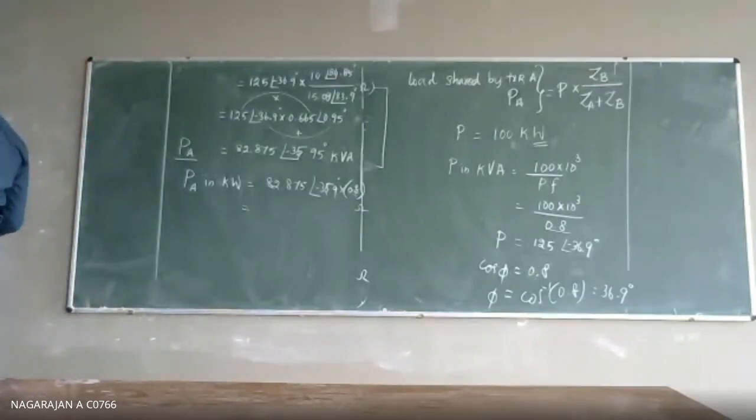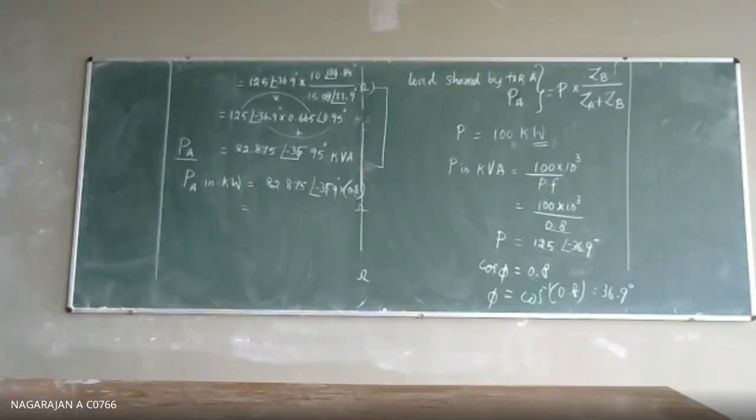Multiply that and answer me. 82.875 into 0.8. Simple multiplication. Can anyone answer? 66.3, sir. 66.3. Yes, sir.